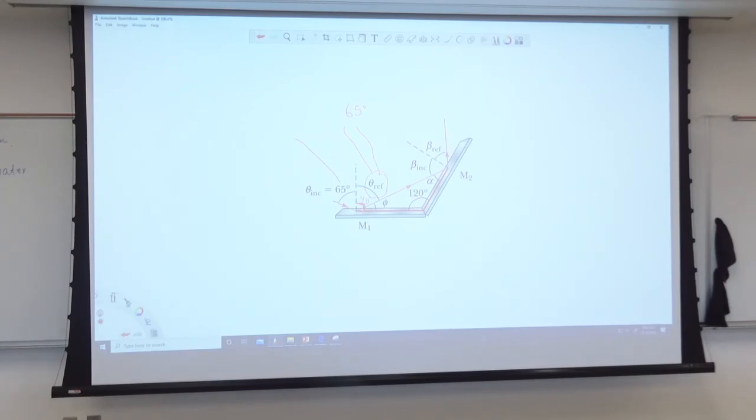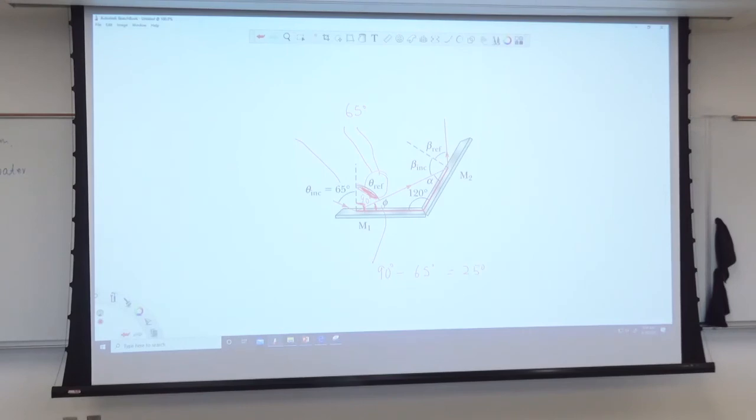That means this angle should be 90 minus that angle, 90 minus 65, which is 25 degrees, right? Yeah.